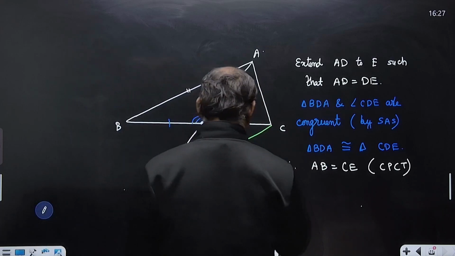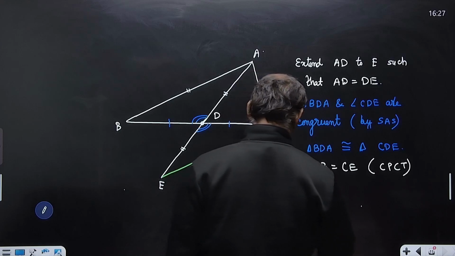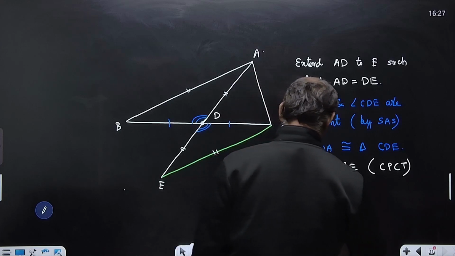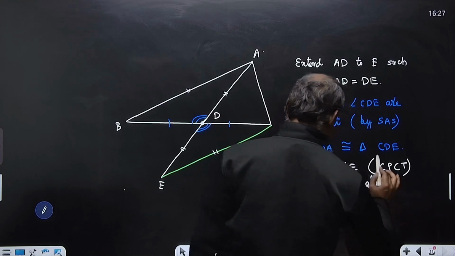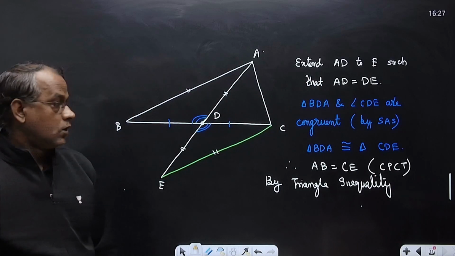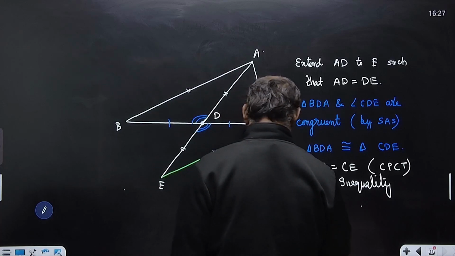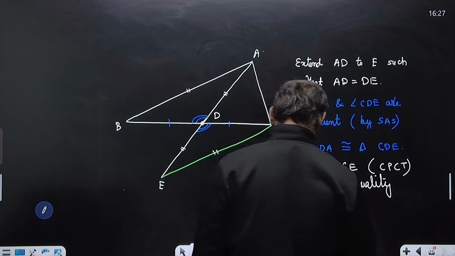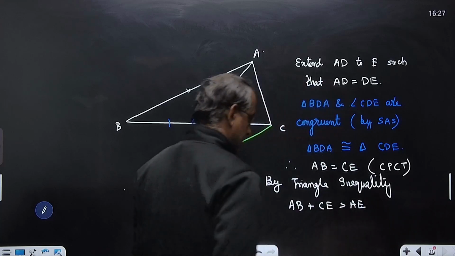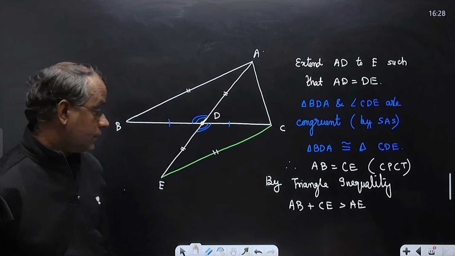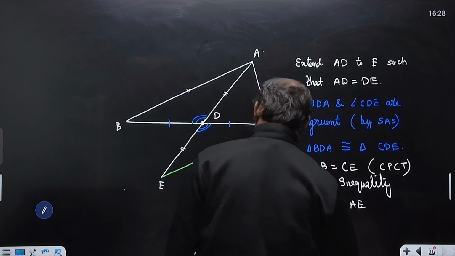Now we will say by triangle inequality, what we have is that AB plus CE is greater than AE. So we have AB. What is CE equal to?